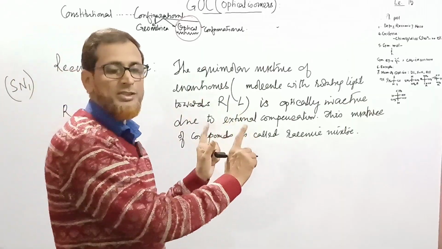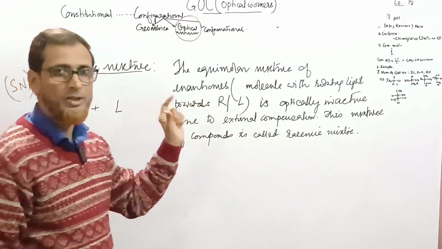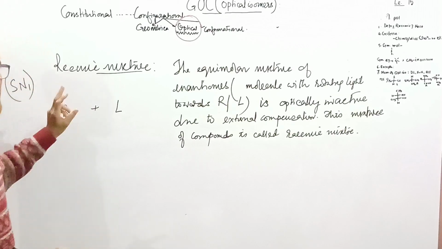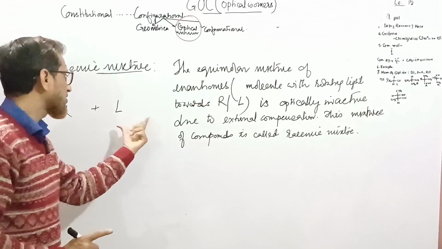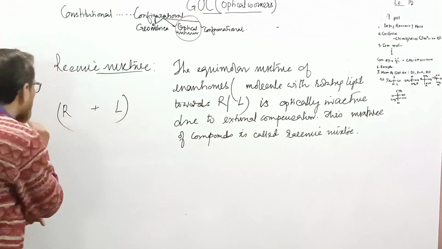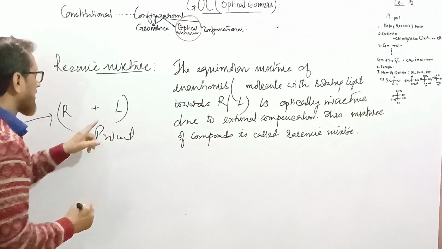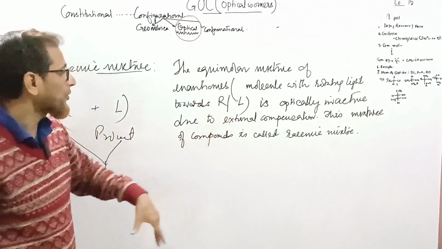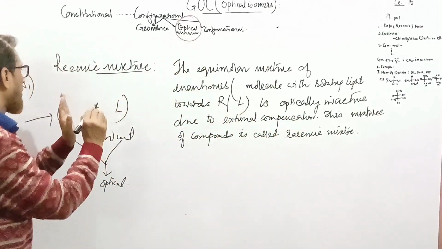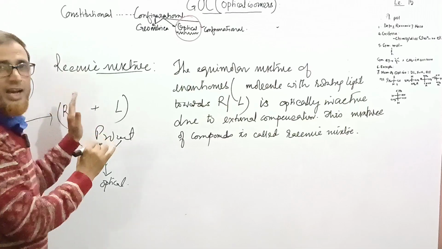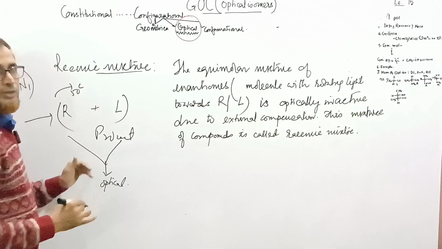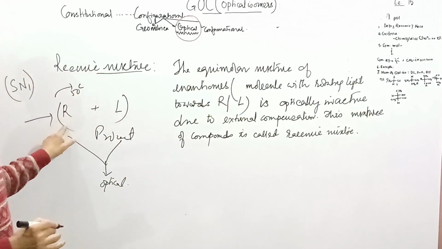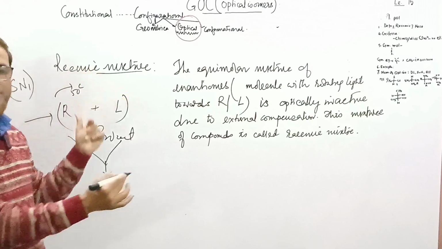If these two types of compound are present in the reaction mixture in equimolar proportion, one rotating the light towards right and the other towards left, and these are equimolar in the reaction mixture as product, then finally this solution is optically inactive due to external compensation, because one compound has the ability to rotate light either right or left, say 50 degrees. The other compound will rotate the same light to the same extent, 50 degrees, in the opposite direction of the first compound. So one is plus 50, the other is minus 50.